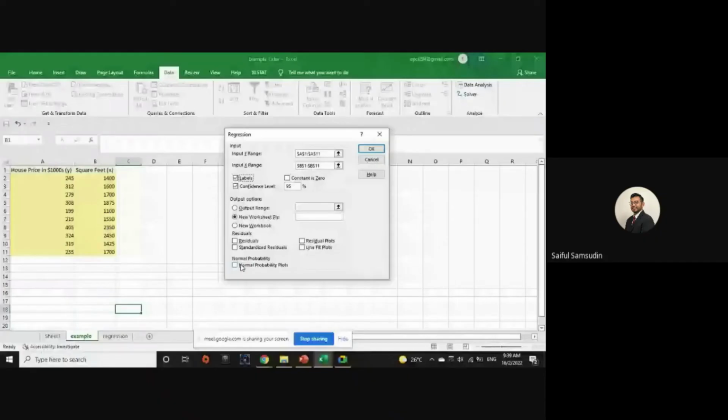So you put the confidence level 95%. It's up to you. If you want to put 99%, it's also okay. All right. So then we can click OK. All right. So we got the result here.